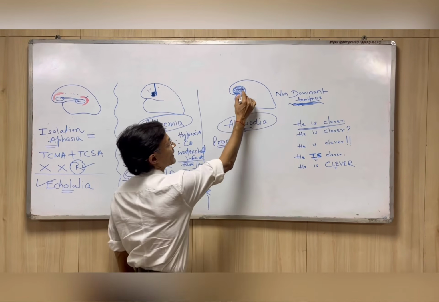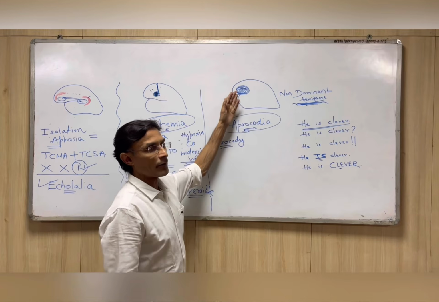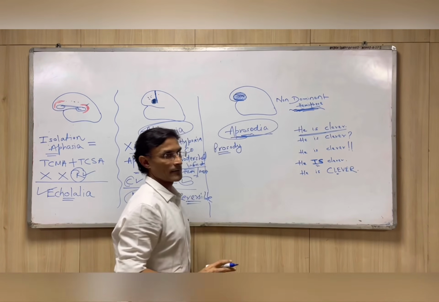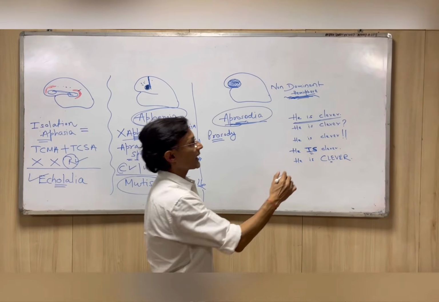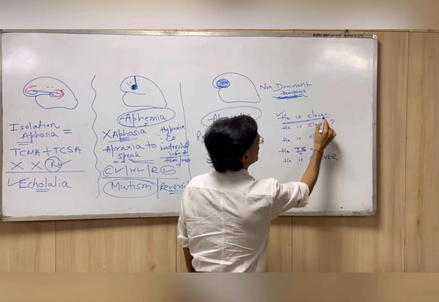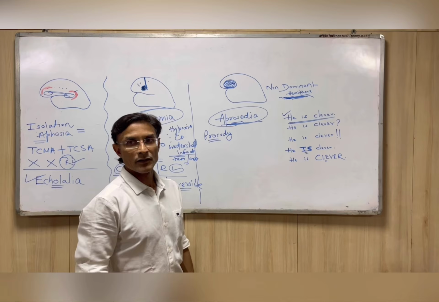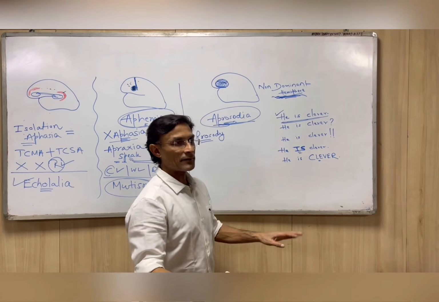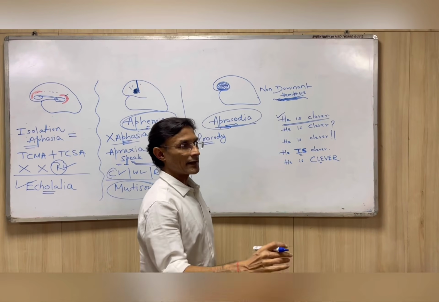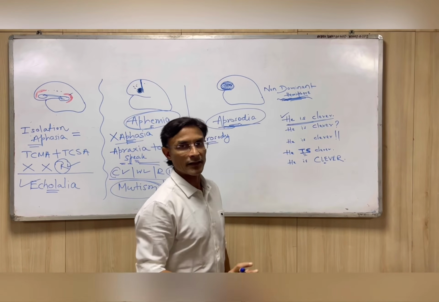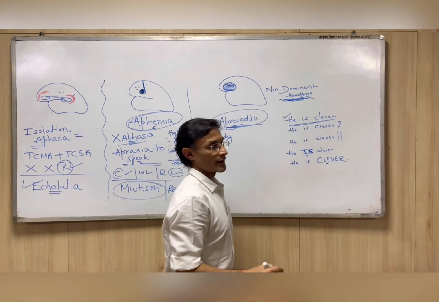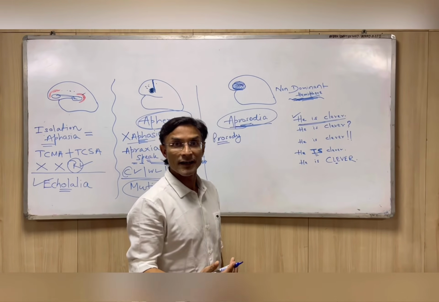In lesions of this non-dominant hemisphere inferior frontal lobule, the patient loses this. Say for example, take this sentence: he is clever. When I say he is clever, full stop, everything is fine. It is a complete statement, X is a clever person. But if I put a question mark here, he is clever?